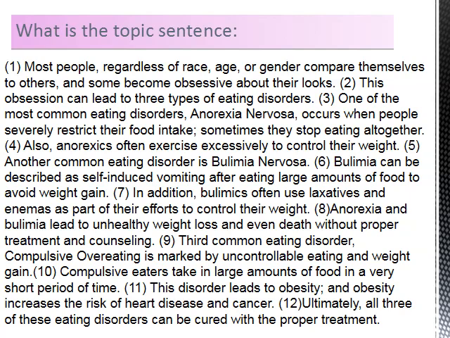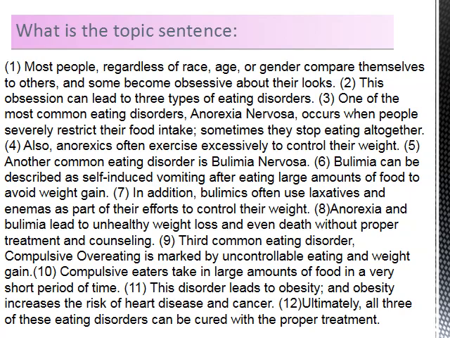No. Number 2, talking about eating disorders, is really not comparing someone who is obsessive about their looks. Number 3 is actually giving us an example of an eating disorder, which is anorexia nervosa. Now, number 4, talking more about how anorexics exercise excessively, I guess that could have something to do with being obsessive about their looks.